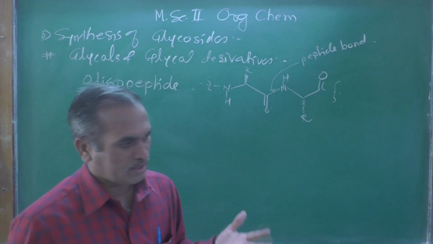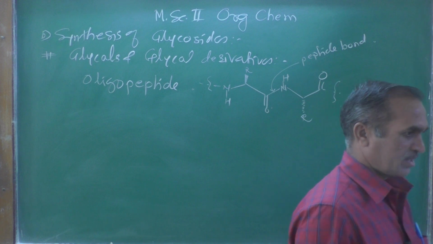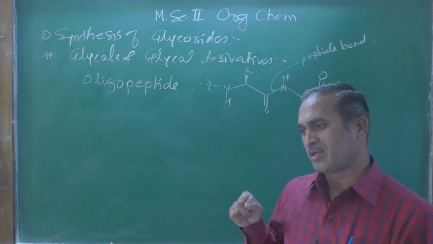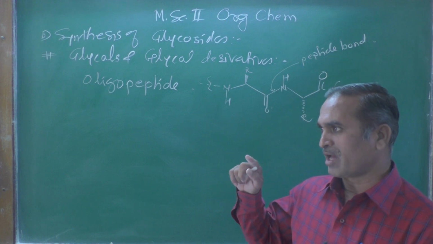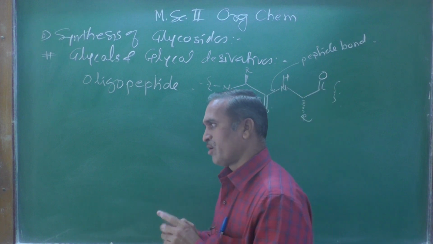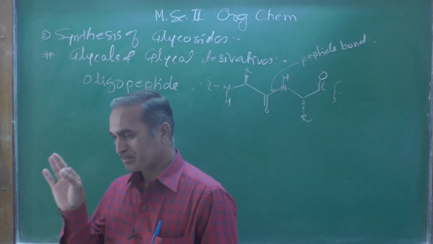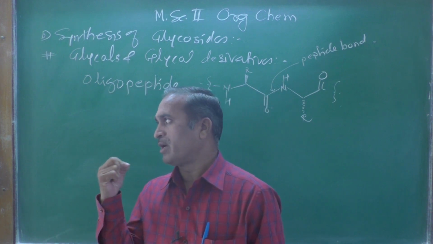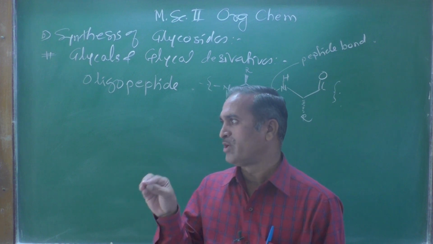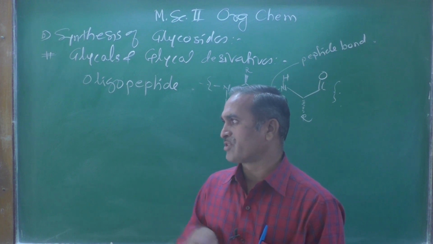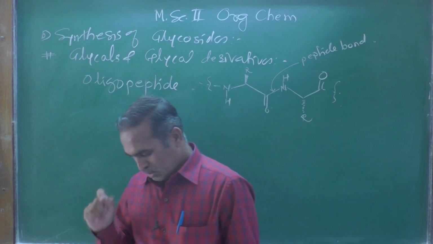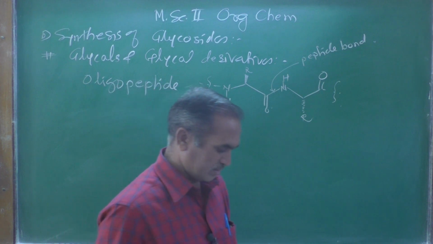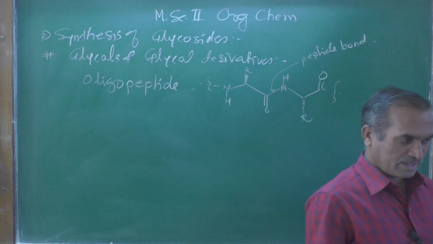There are 20 different amino acids, and as we know the general structure of an amino acid is R, NH2, carbon atom and COOH. Most of them are optically active in nature, except glycine. Glycine is optically inactive because two of its groups are the same hydrogen, and that's why it shows optical inactiveness.